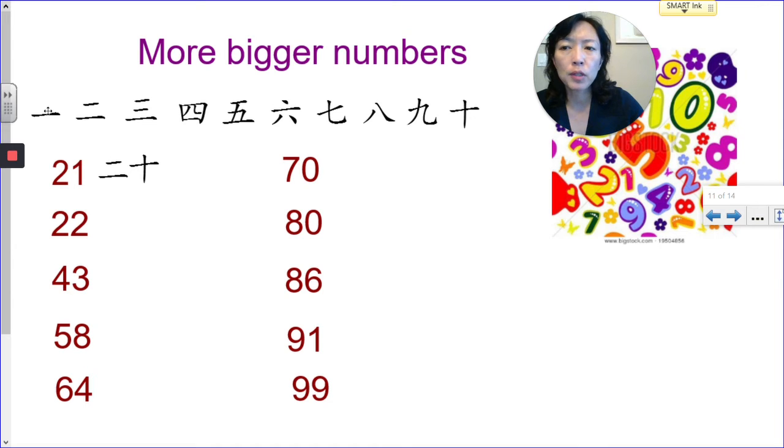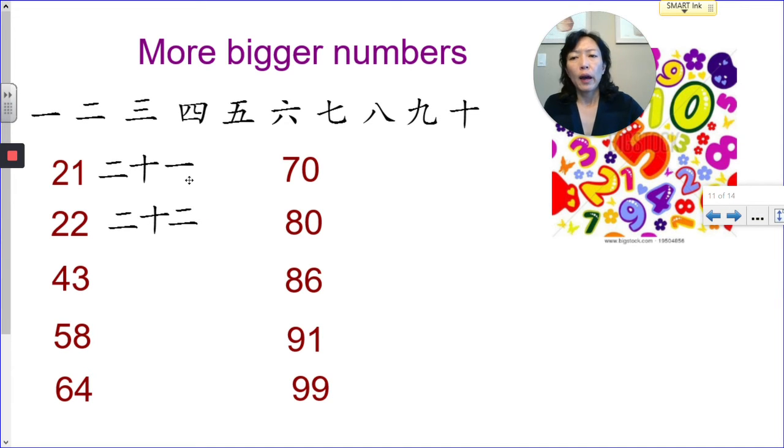You need to put a 1 over here to make it 21. Keep going. Still 20. It will be 22. All right. I skipped some of the numbers because there's no way that I can put all the numbers here. But the point is, you know how to make a number using the numbers we already learned.